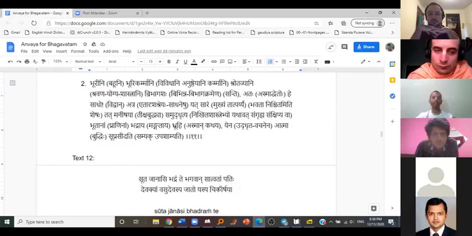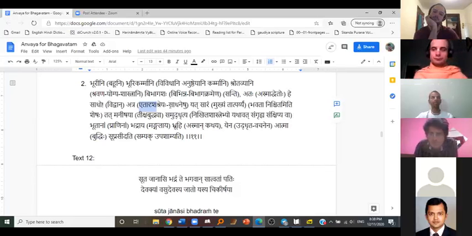Atra etadrisha shreyah sadhaneshu. Etadrisha means like this. In these sadhana of Parama Mangal, of great or complete or the top auspiciousness.